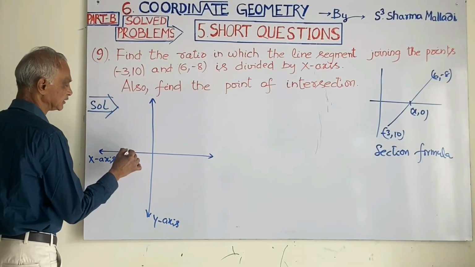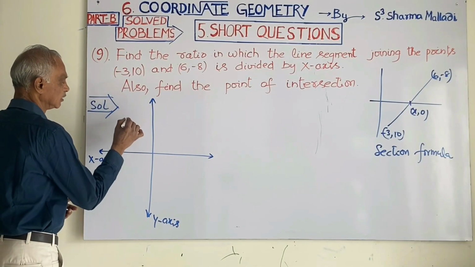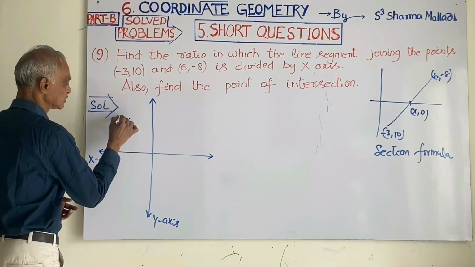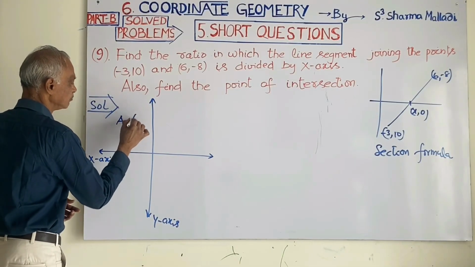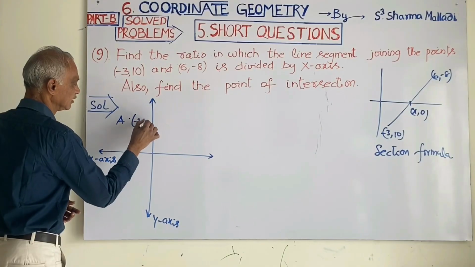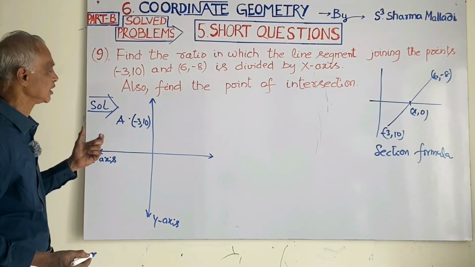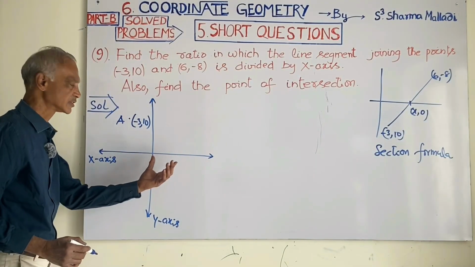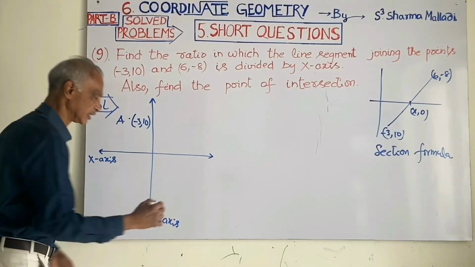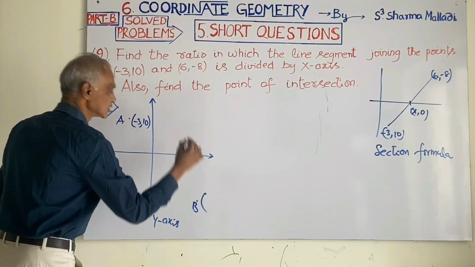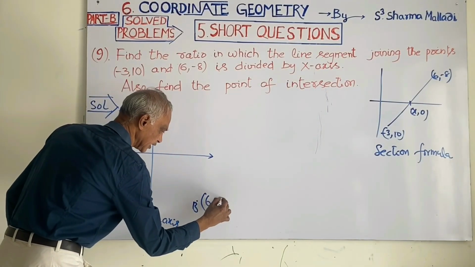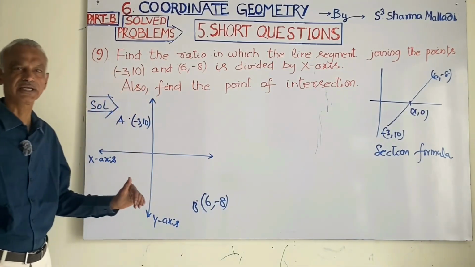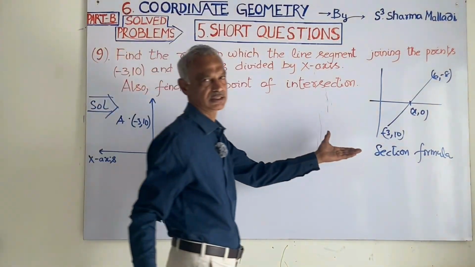Roughly you take this as point A, this will be (-3, 10). And what is the other point? (6, -8). (6, -8) will be in the fourth quadrant. This will be (6, -8). Roughly you can take it like this also, no problem.